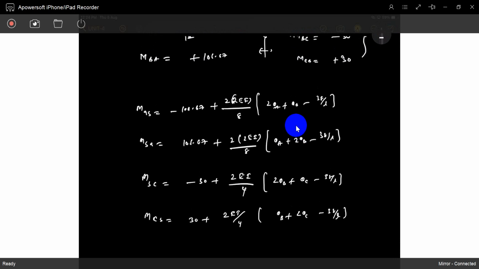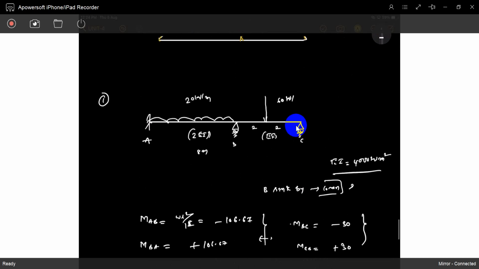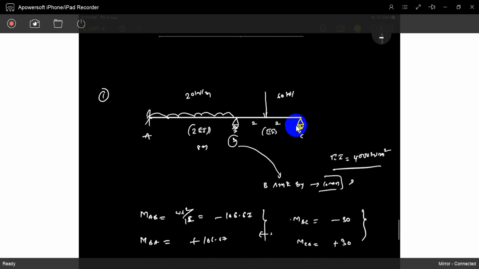See, differential settlements. What is the differential settlement? B sinks by 10 mm. If you observe it, you already know it.